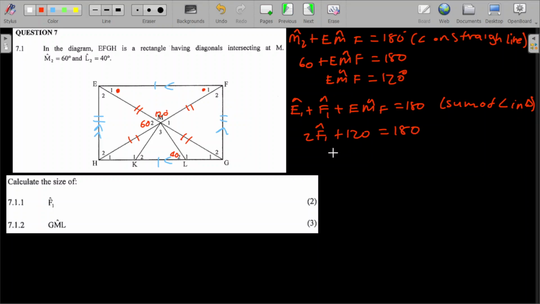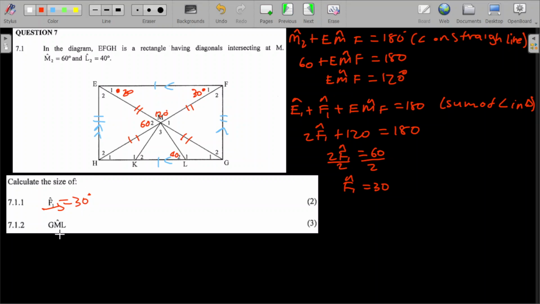Now that 120 is going that side, it's going to be 2F1 equals 180 minus 120, which gives me 60. Then we divide by 2, so F1 is 30 degrees. So I know this one is 30 and also this one is going to be 30, but the question was finding F1, which is 30 degrees.